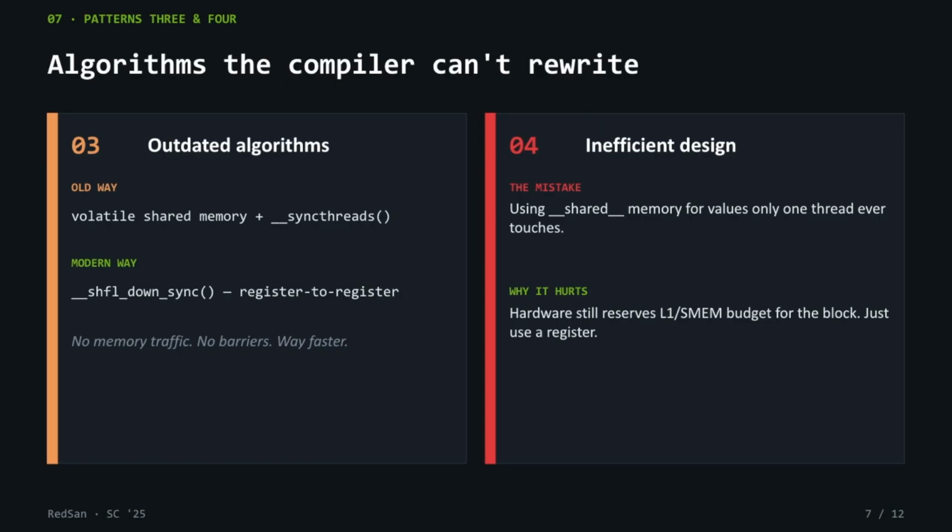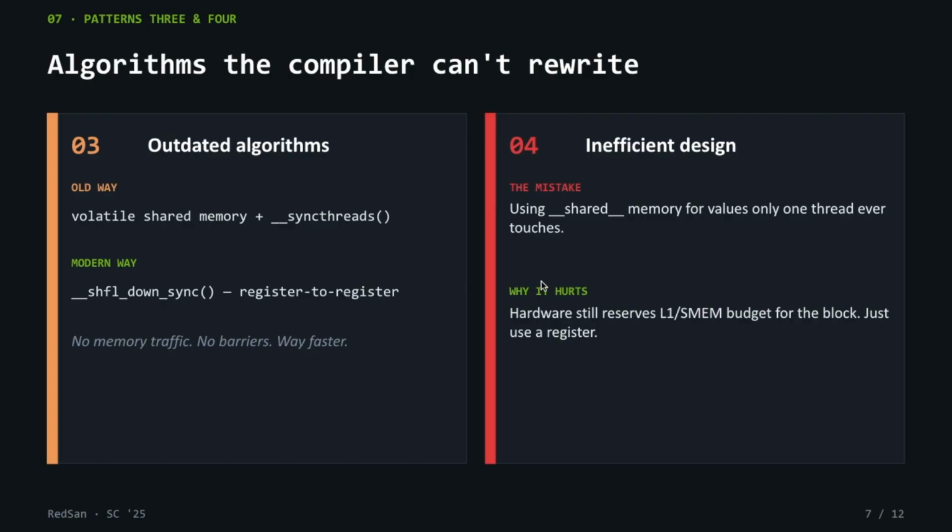Given the new GPU hardware that has been around for a while, a modern way is features like warp shuffling, which basically gives access to other threads' registers directly without using any shared memory. So you can directly get access to other threads' data.